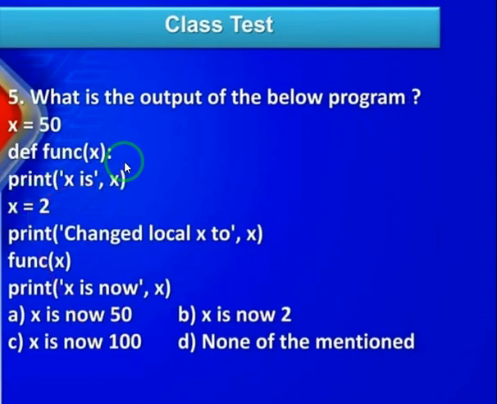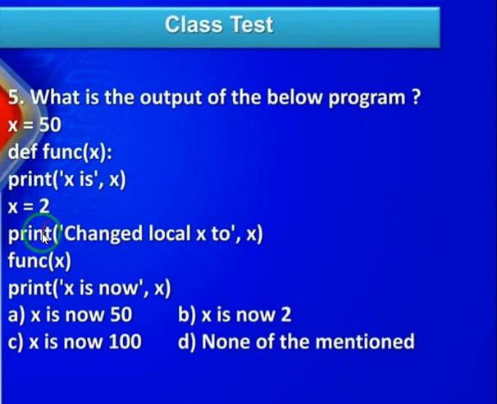Now we have to find the output of this question. We have been given a function and we have to print x, then x equal to 2, then we print x, then the function again. So let me give you 5 seconds, pause the video and try it on your own. Okay, so the output of the given program: firstly, def func x, we just have to print x is, and x is taken as the local variable here.